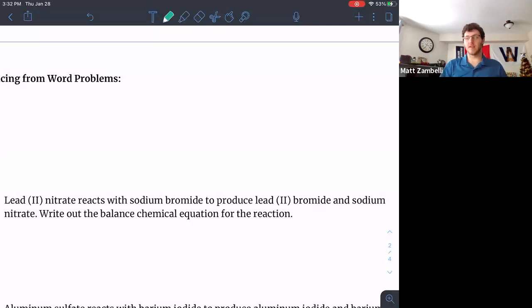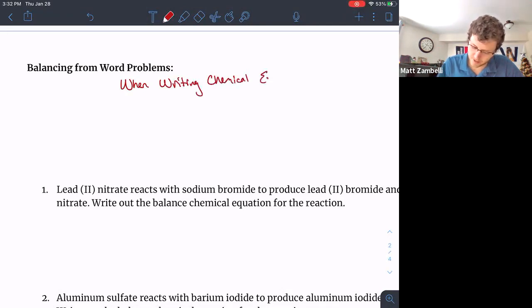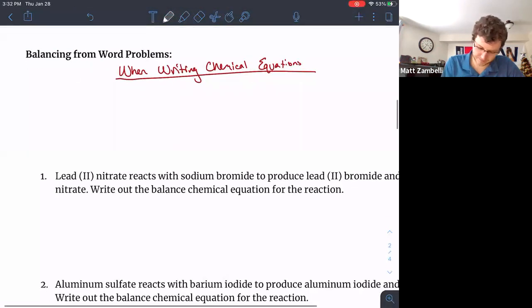All right. So the picture says a couple things. So I'm going to write down what it says because it's going to be the steps that we're going to follow. So when writing chemical equations, we have 3 steps.